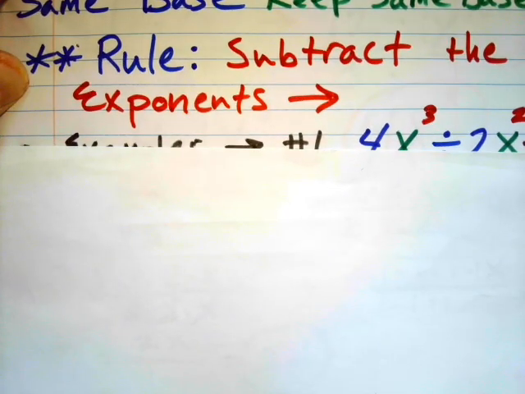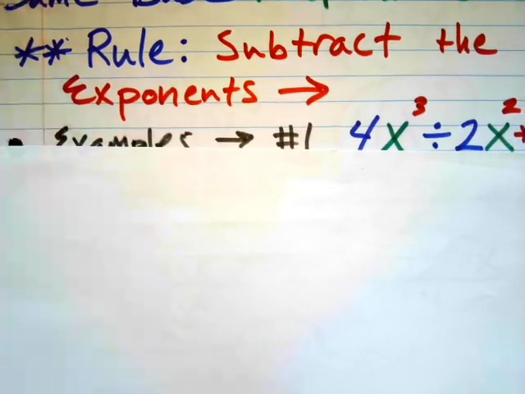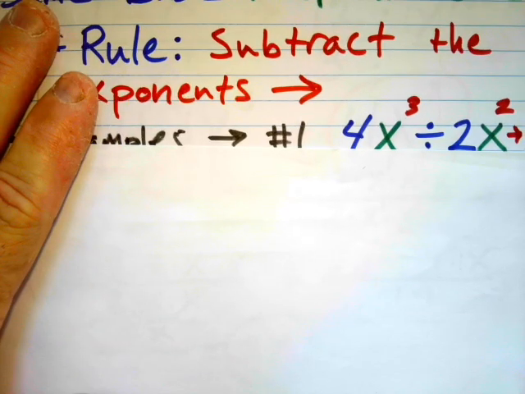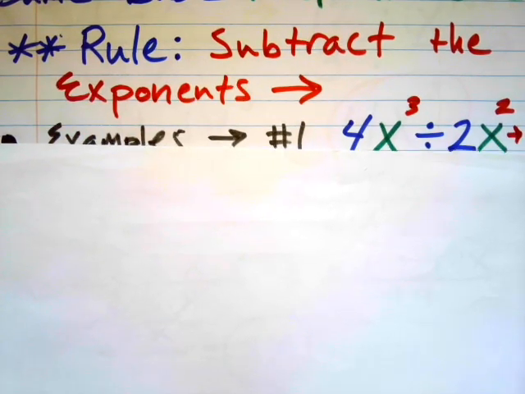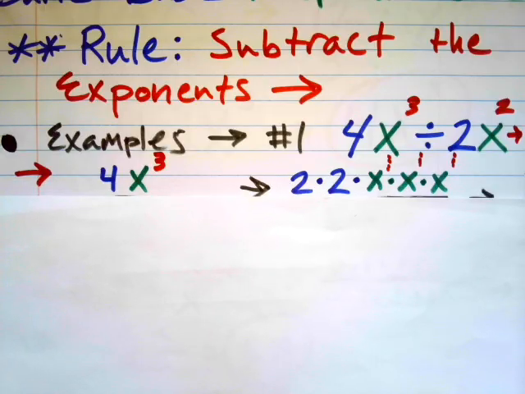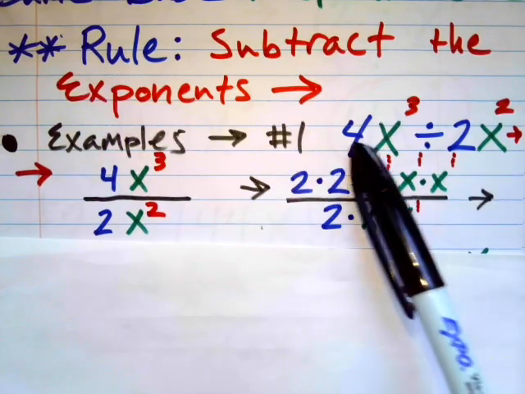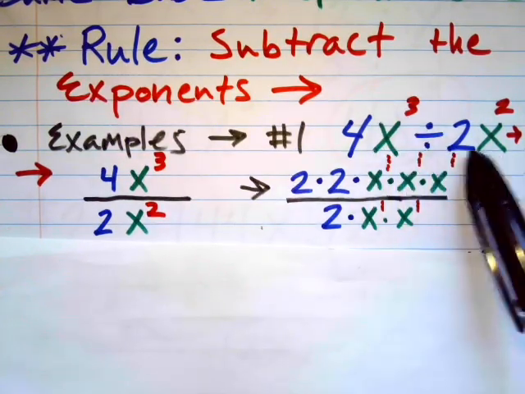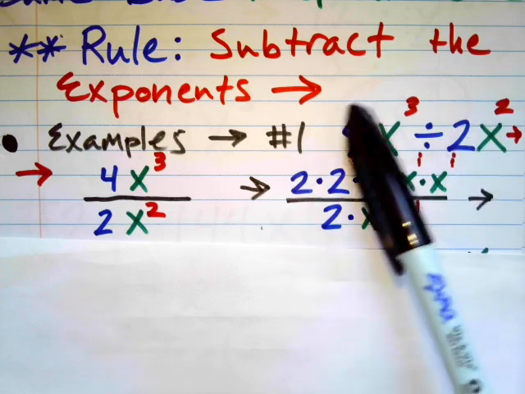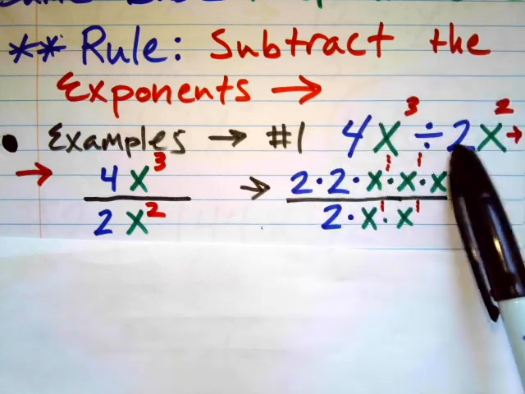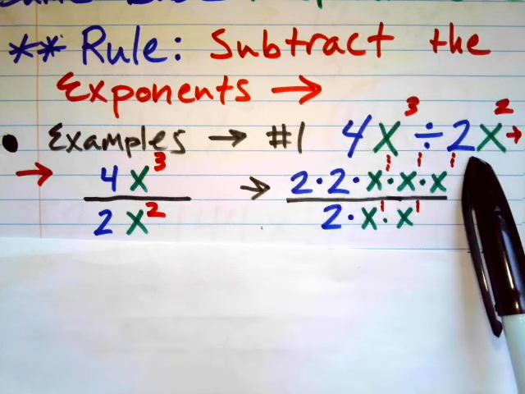Let's go ahead and take a look at some examples. I would like to do a few examples here, and I'll have some follow-up videos with more examples. So for this particular problem, number 1, I've got 4x to the third power divided by 2x squared. Some folks would see this form of a division problem and go, what do I do now?